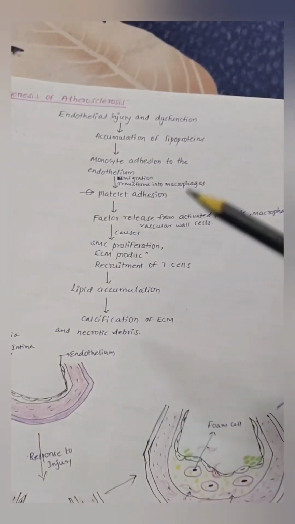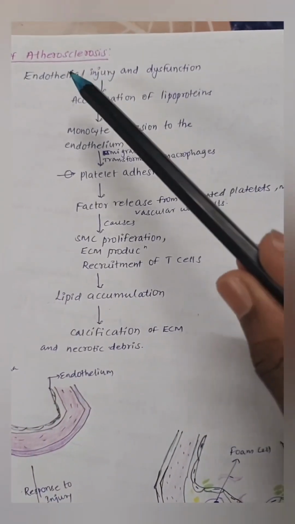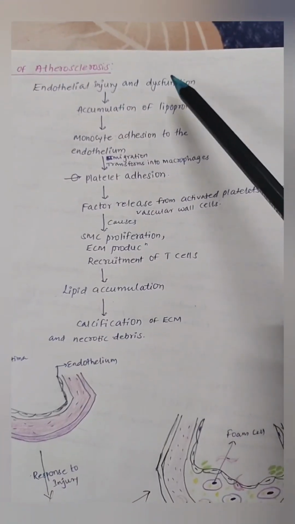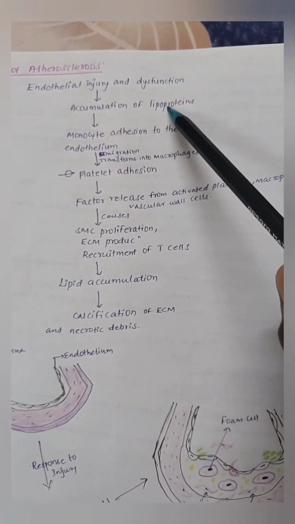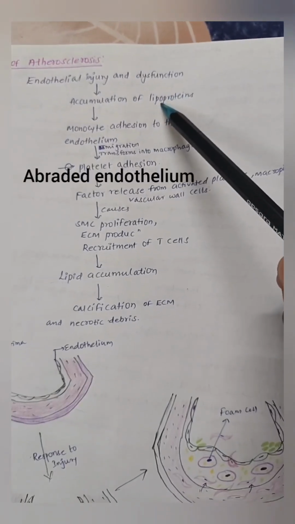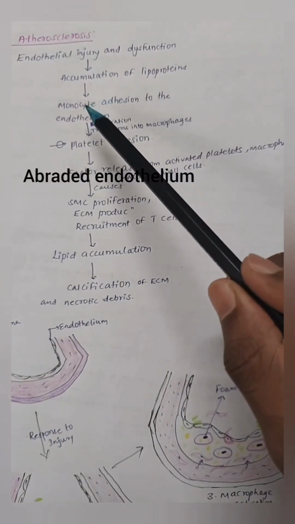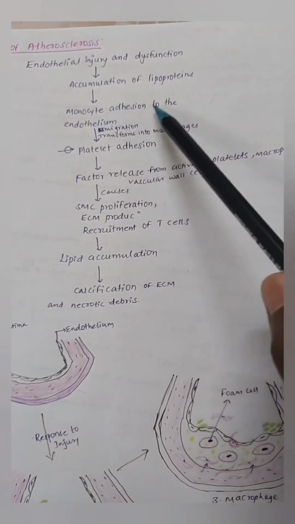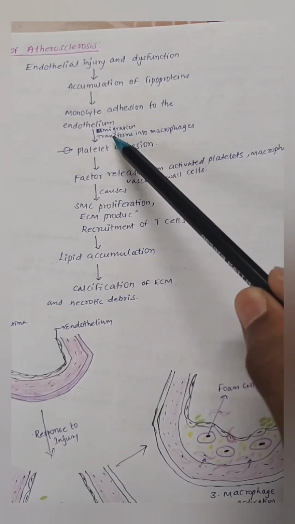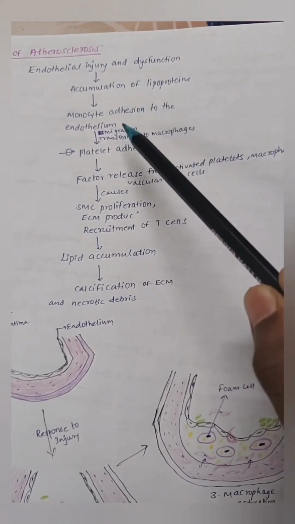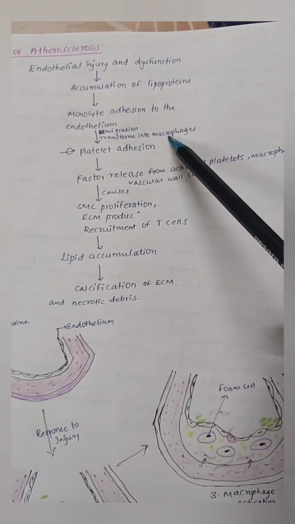Now we will just overview this. So first, endothelial injury and dysfunction, and it leads to accumulation of lipoproteins through the abraded epithelium. Then monocyte adhesion to the endothelium and emigration of monocytes into the tunica intima, and they will transform into macrophages.